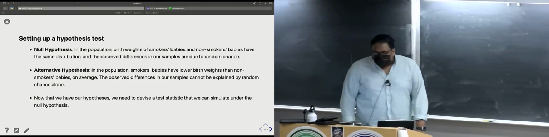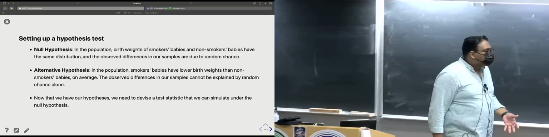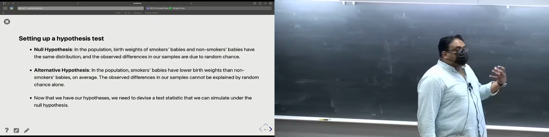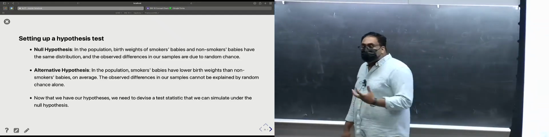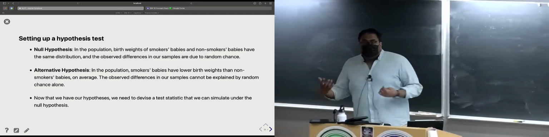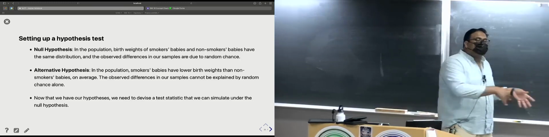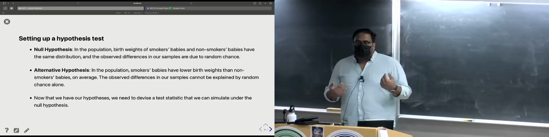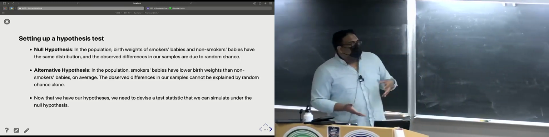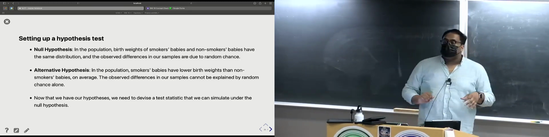So when setting up a hypothesis test, after you establish your null and alternative hypotheses, we need to pick a test statistic. Right? And remember, our test statistic is a number we compute each time we run a simulation, and it should be such that large values of the test statistic point to one hypothesis and small point to the other. So we need to pick a test statistic here that will allow us to discern between these two hypotheses. Yeah?